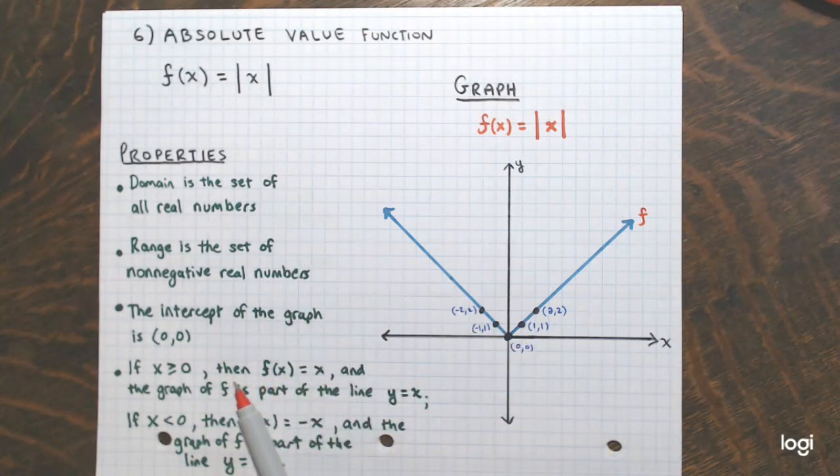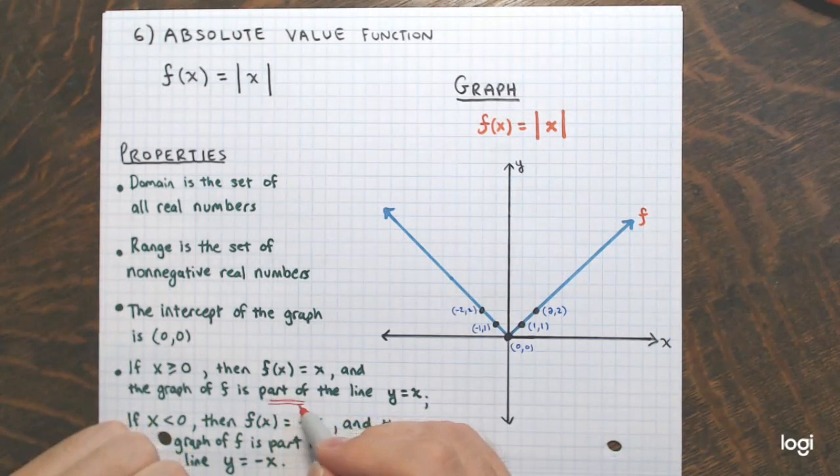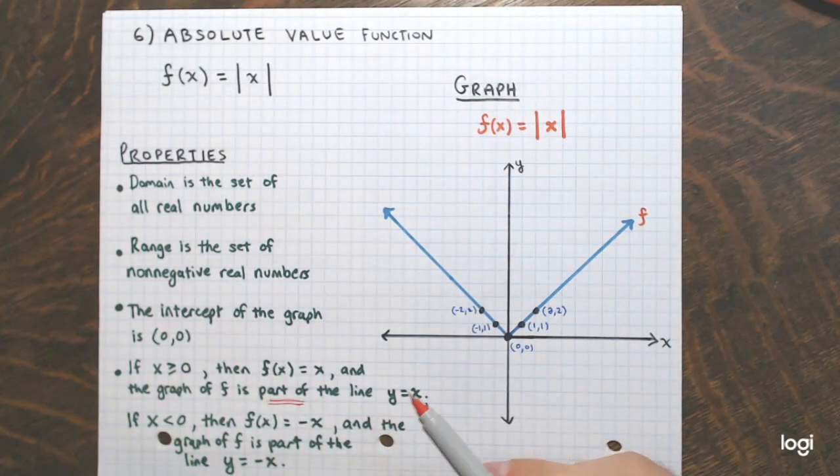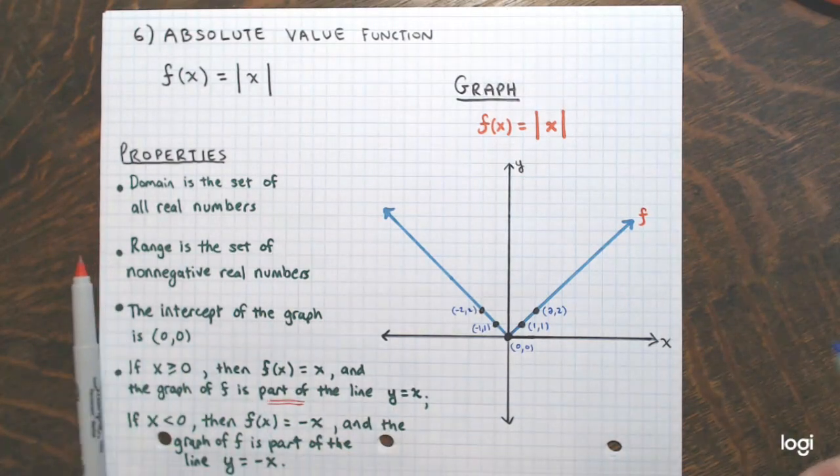When I say when x is non-negative, then f of x is just x itself. So remember, this is that identity function. You're getting a graph of f that is part of the line y equals x, just part of the identity function, but only when the value of x is non-negative. And that would be this part over here, right?